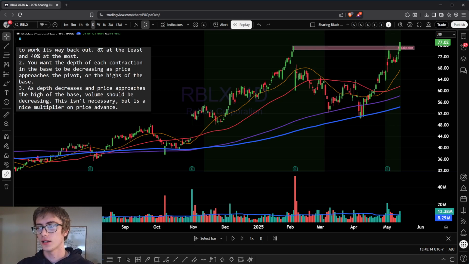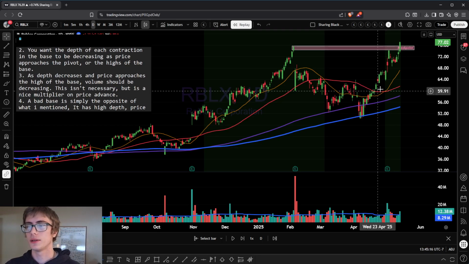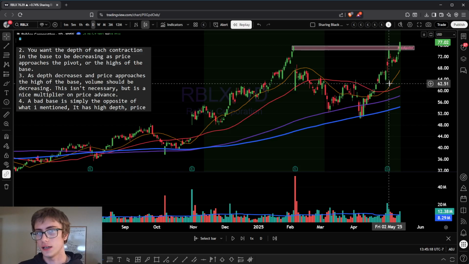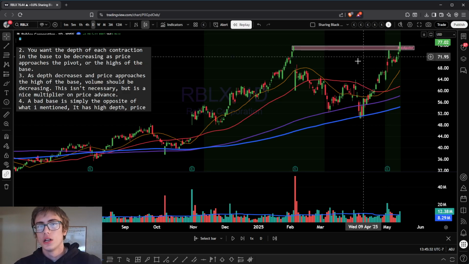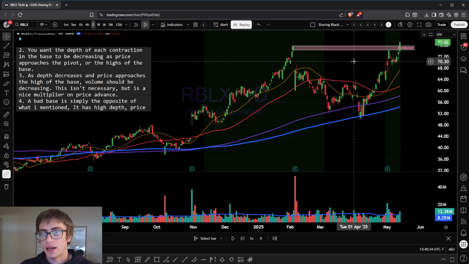So that's point one. And point two is you want the depth of each contraction in the base to be decreasing as price approaches the pivot or the highs of the base. And what I mean with the depth of each contraction decreasing is there's always a right side of the base, right?